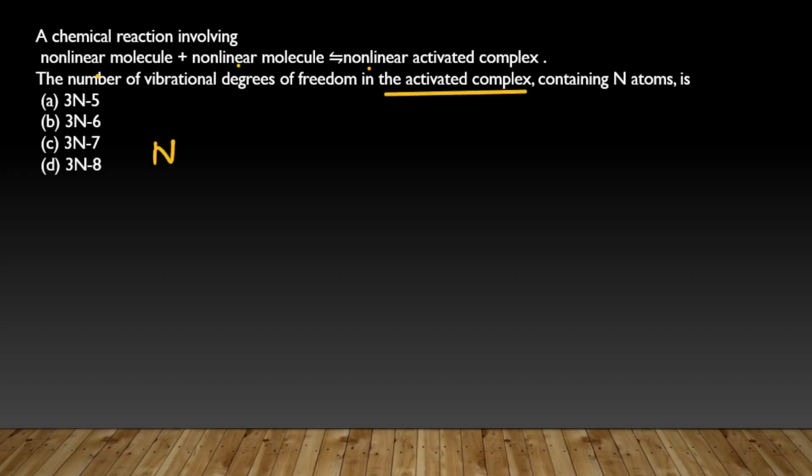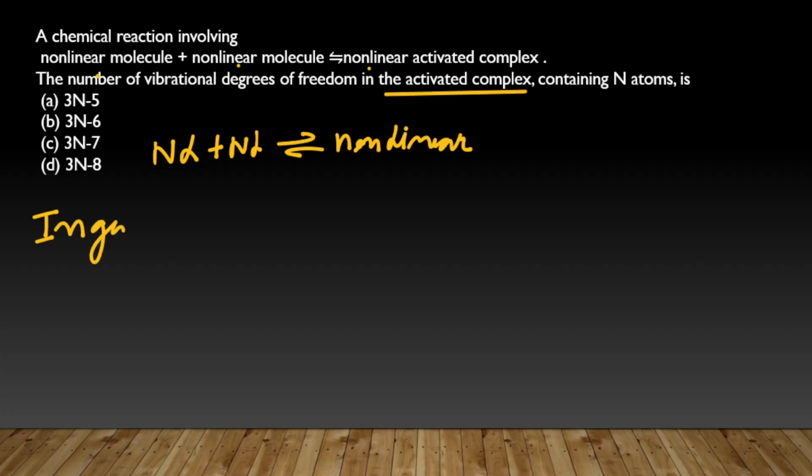So here it is non-linear plus non-linear, in equilibrium with the non-linear one. So in general, we write it. This is not for the activated complex. In general, if we talk about it, for the linear molecules, the number of vibrational degrees of freedom we have is 3n minus 5.